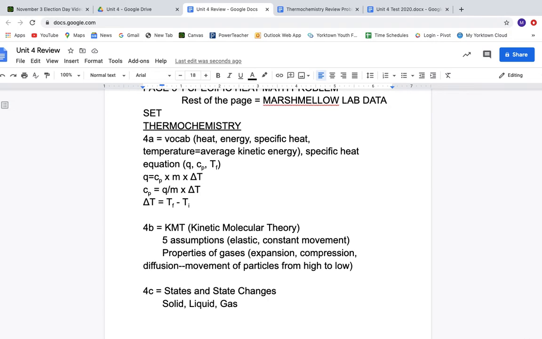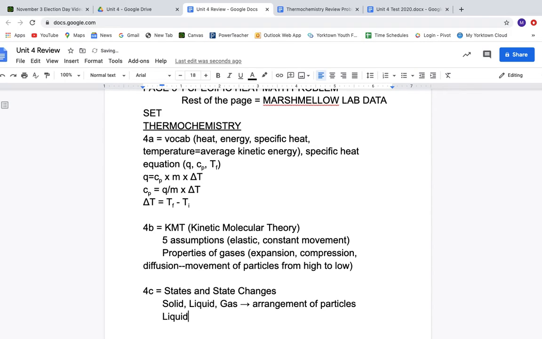Gases are indefinite shapes and indefinite volumes, but you should also know the arrangement of particles within those 3 states. So solids tightly packed and vibrating, liquids kind of tightly packed and moving as fluids, gas particles spread apart big distances and moving quickly.